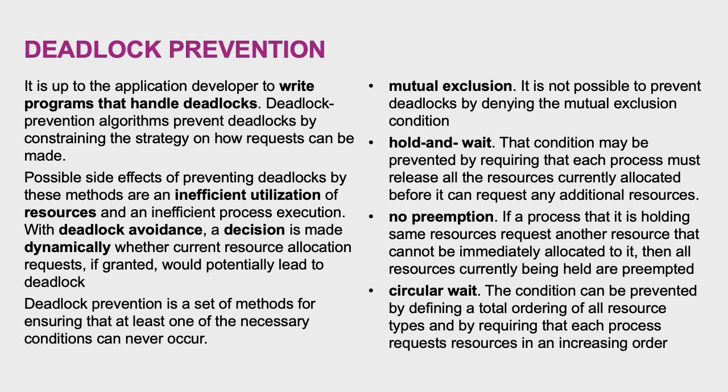You can ask for resource 1, then resource 3, resource 4, but now you cannot ask for resource 2. Why? Because this could lead to a circular wait. If we follow this very simple policy in resource acquisition, we can avoid deadlock. This is a very popular approach in software development.